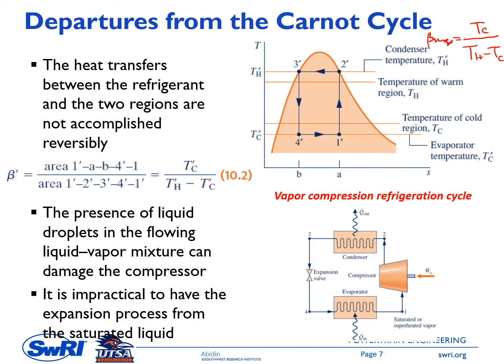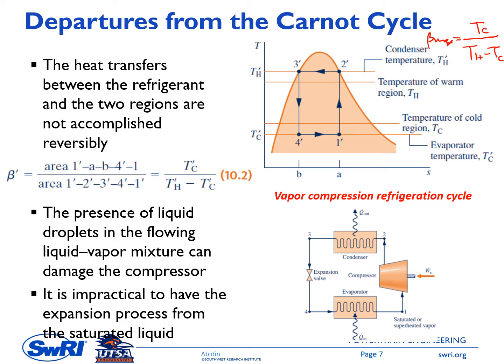So the first departure is that the heat transfer between the refrigerant and the two regions, the cold and hot regions, is not accomplished reversibly. Look at this TS diagram. To enable heat transfer from the cooled region, either the room inside the refrigerator or our living room cooled during the summer, to the working fluid, the working fluid temperature must be lower than the cooled region temperature.